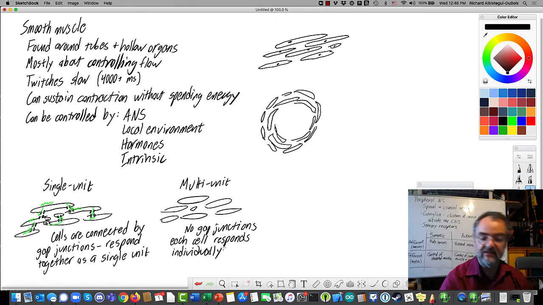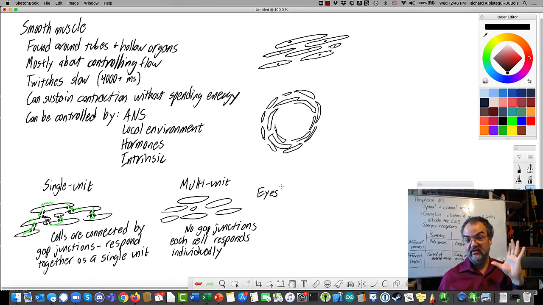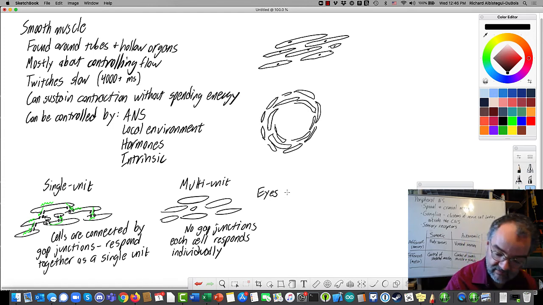That is relatively rare in the body. Most of your smooth muscle is single unit. Multi-unit smooth muscle is mostly found in the eyes. So the smooth muscles in your iris that control the diameter of your pupil, and the smooth muscles that control the tension on the lens in the eye. So pupillary and lens muscles, and in the reproductive tract.